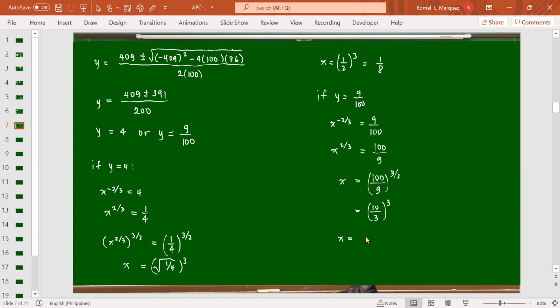So what is x? 10 times 10 times 10, 1,000 over 27. So the solution set therefore is the set containing 1 over 8, 1,000 over 27. Okay, guys?